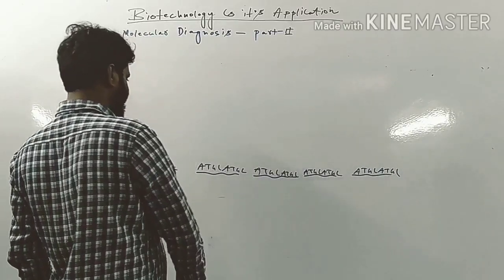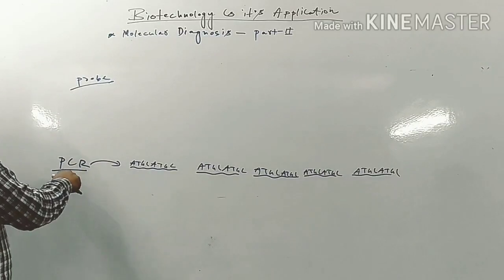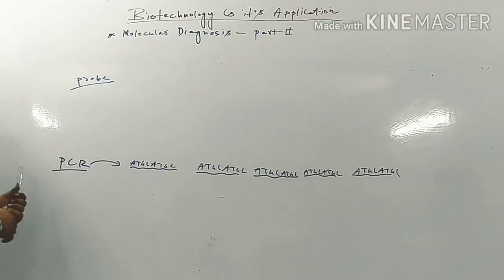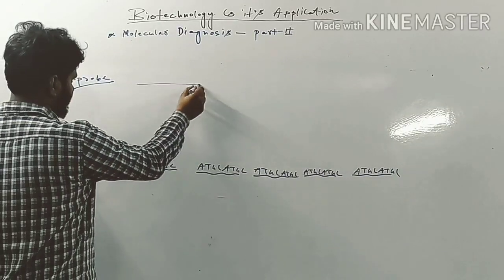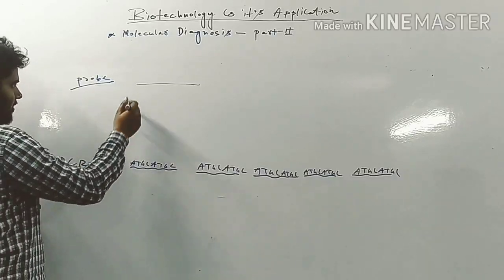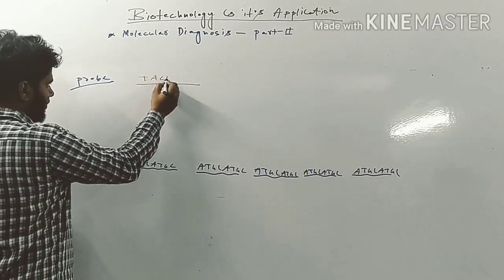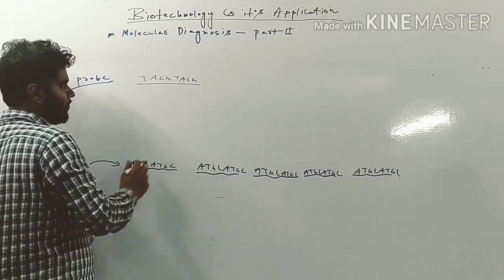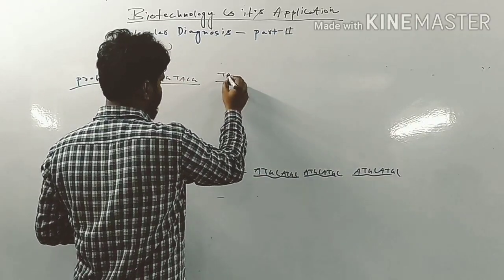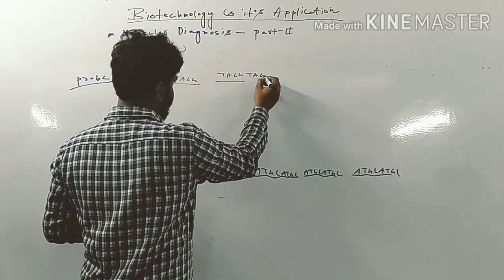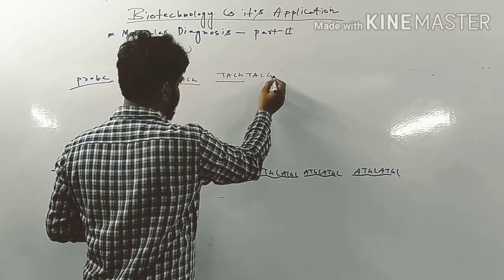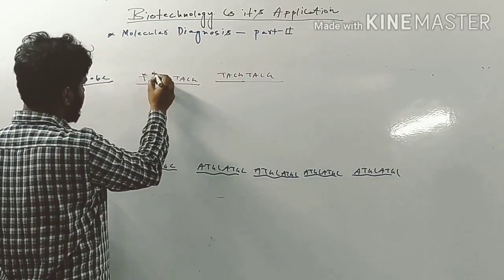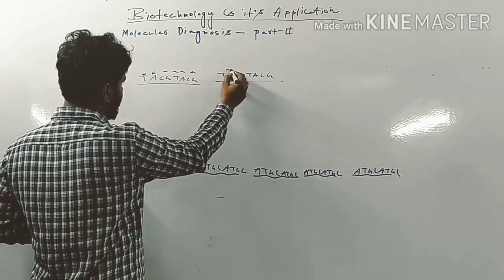This is the normal sequence. In respect to this, you have made a probe just complementary to it: TACG, TACG, TACG, TACG. And these probes are radioactive, as you all know.